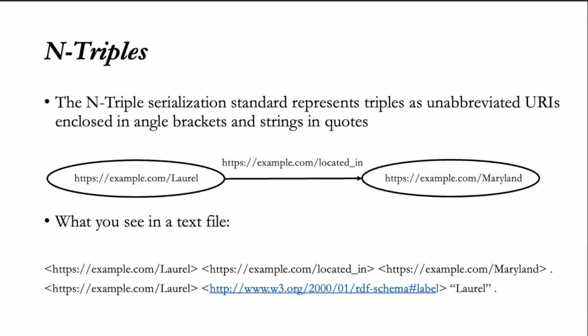How does that translate? I understand how Turtle can translate back into RDF/XML, and people do it all the time, but I don't even understand how N-Triples would translate back into Turtle or RDF/XML. Oh, well, see this, the HTTPS example Laurel. There's your hook, right? They're the same here, so they're connected to the same thing.